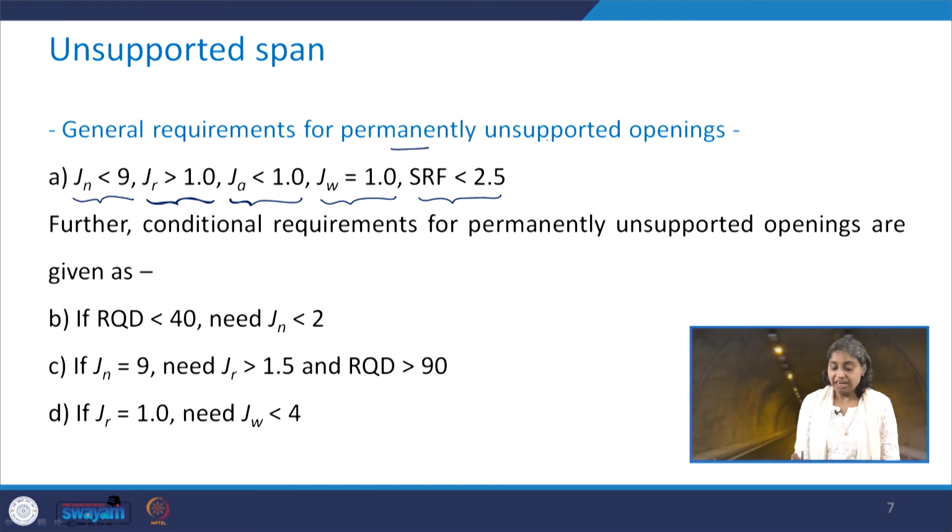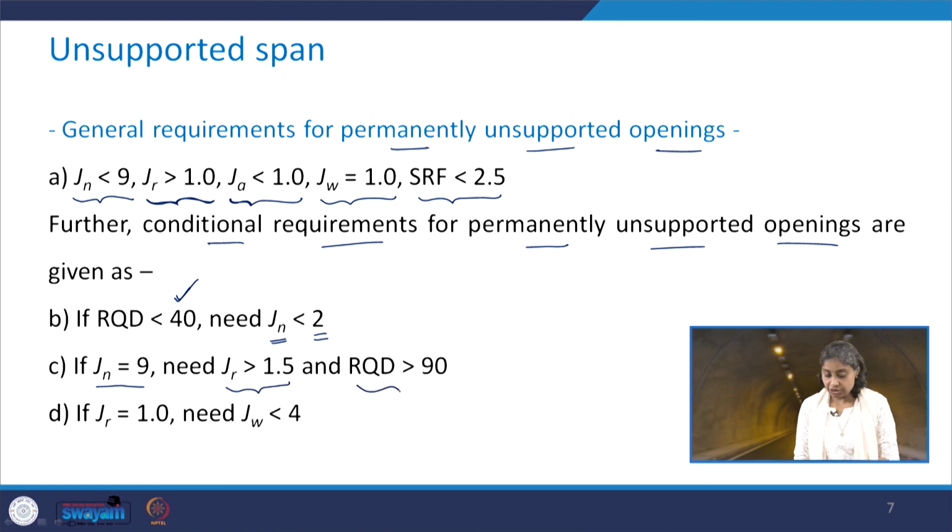Further, there are some additional requirements for permanently unsupported openings. If RQD is less than 40, you need to have JN less than 2. If JN is equal to 9, we need to have JR more than 1.5 and RQD more than 90.